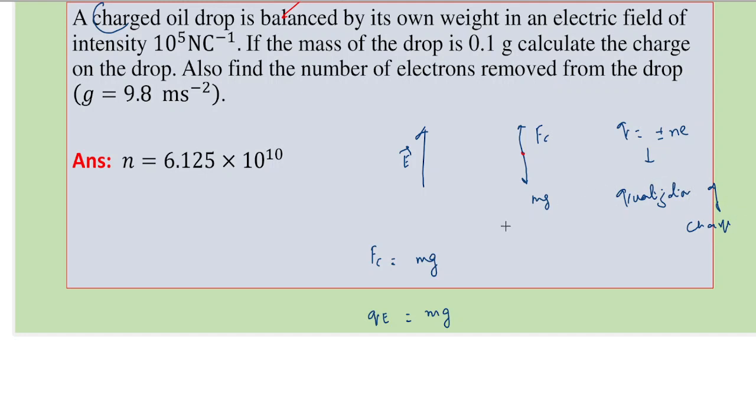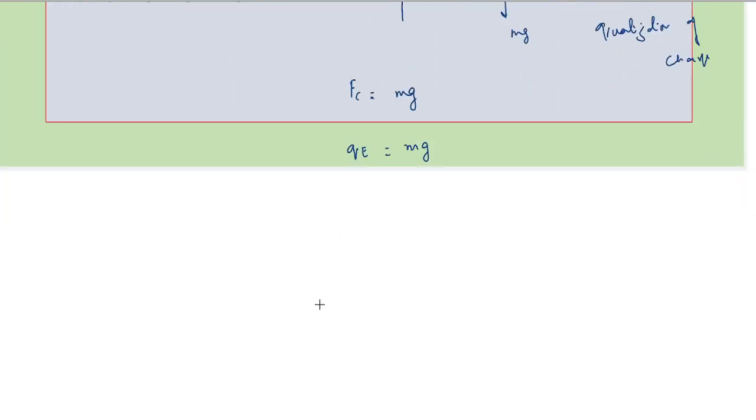In this case, we already know that this oil drop is charged positively. So we can say q is equal to just plus n into e. Putting it back here, we get n e E is equal to m g, or the number of electrons removed, n, is equal to m g divided by e E.